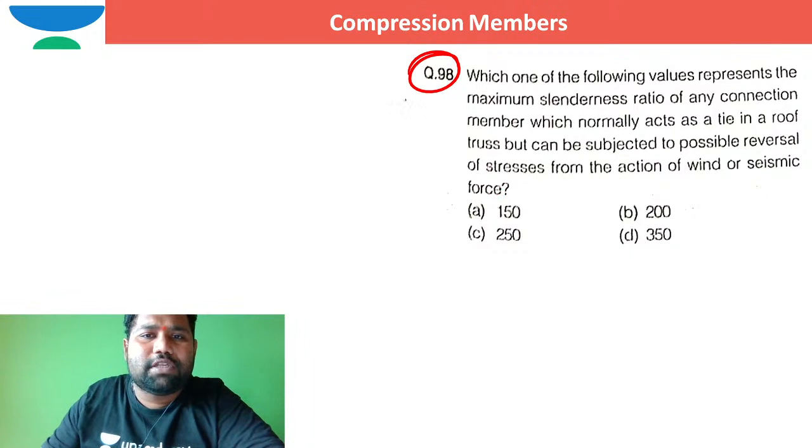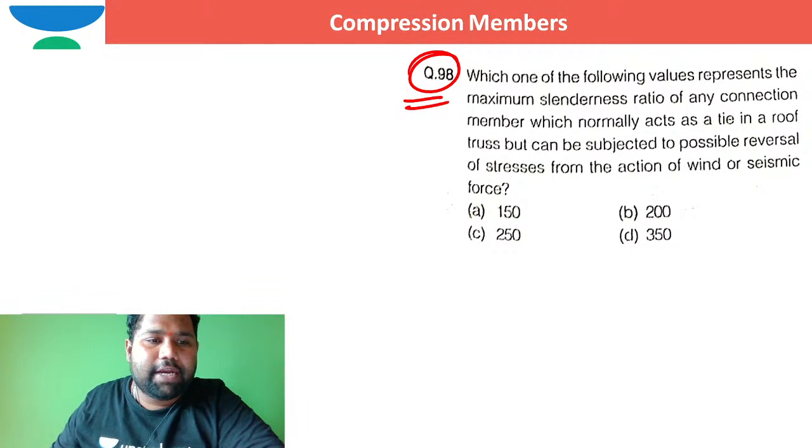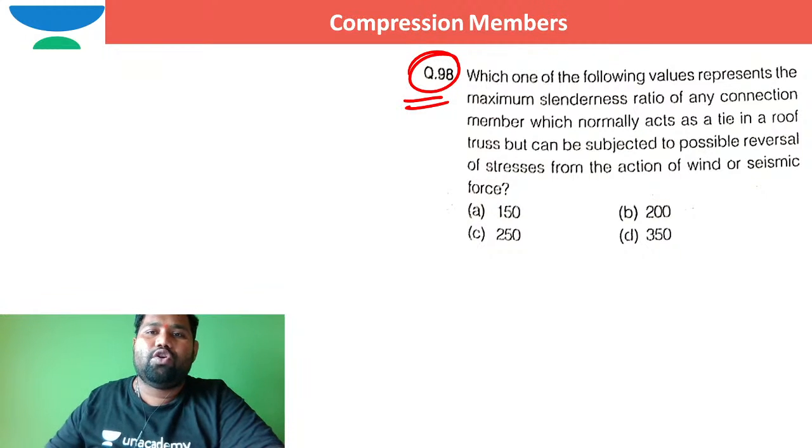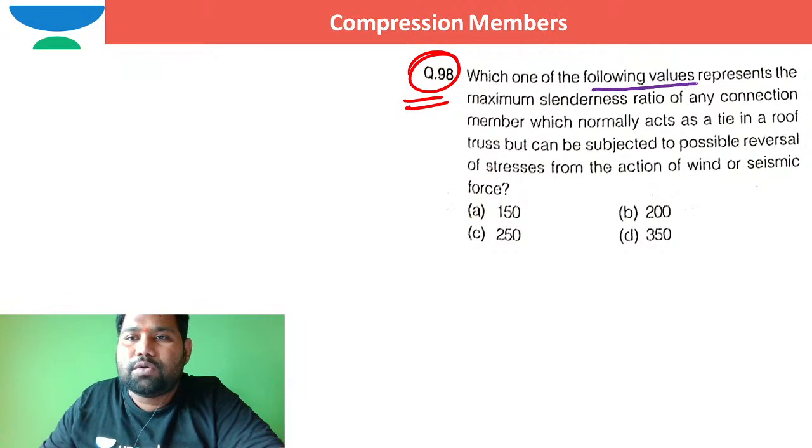I hope you are able to see this question. Question number 98: which one of the following values represents the maximum slenderness ratio for any connection member which normally acts as a tie?